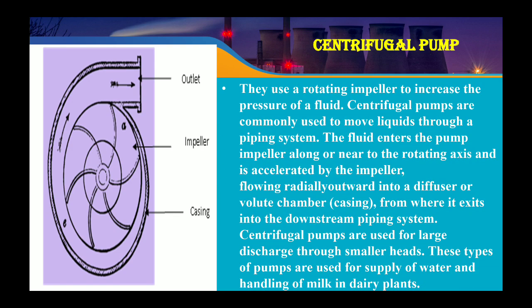They use a rotating impeller, that is the rotating impeller here, to increase the pressure of a fluid, just like the air compressor. The rotating impeller in an air compressor pressurizes the air, and in a centrifugal pump, the pressure of the fluid is increased with the help of the impeller.